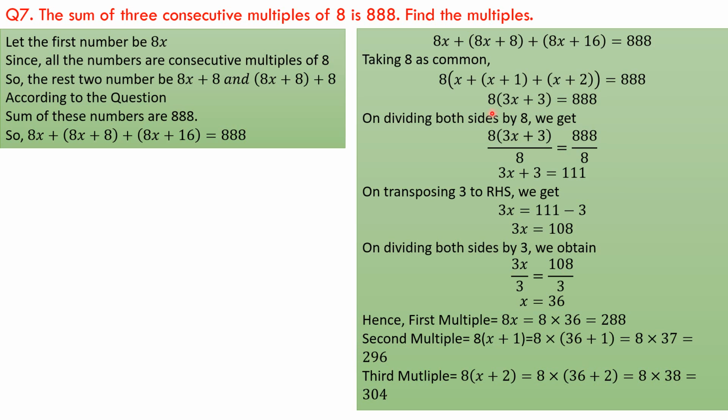So we get 8 in the bracket 3x plus 3 equals to 888. On dividing both sides by 8, we get 8 in the bracket 3x plus 3 divided by 8 equals to 888 divided by 8. After solving this, we get 3x plus 3 equals to 111.